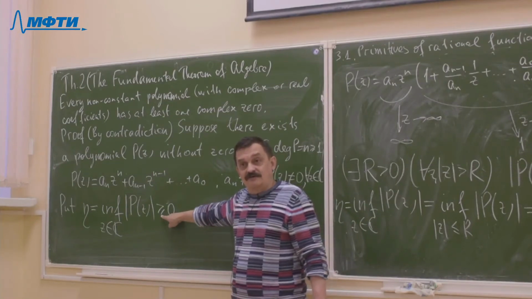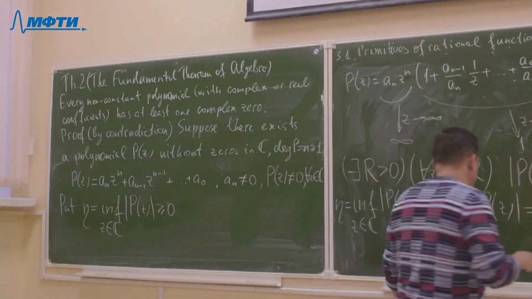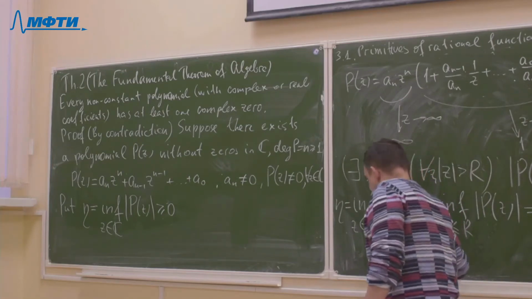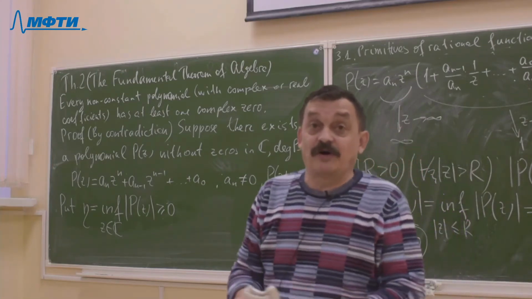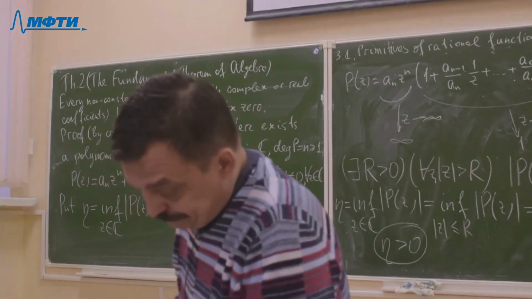But now we are sure eta is strictly positive. So eta is strictly positive. That is the first part, what is necessary for us. Okay.